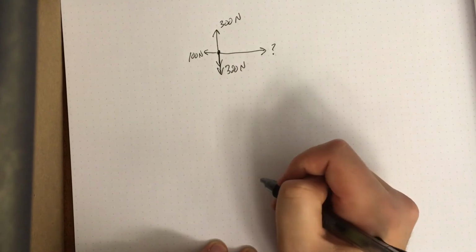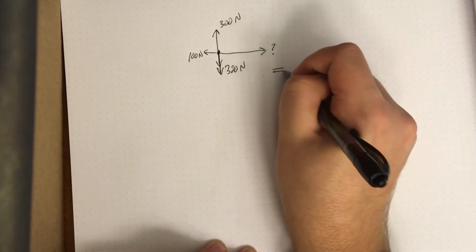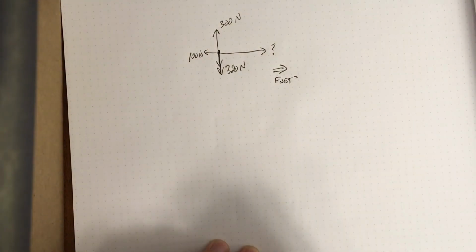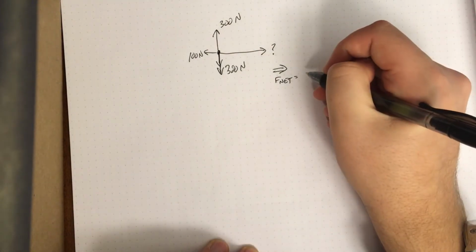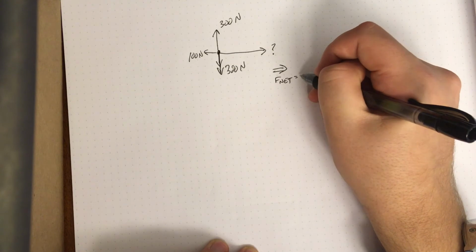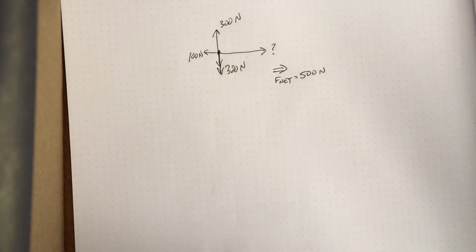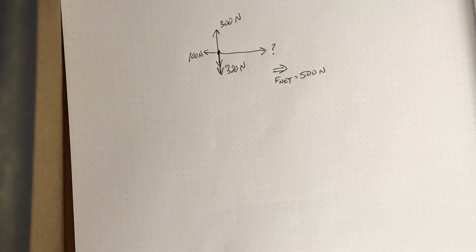But we're going to say that the net force is forward with a magnitude of 500 newtons. Okay, take a minute, pause the video, and try to answer that for yourself. And then I'll come back.